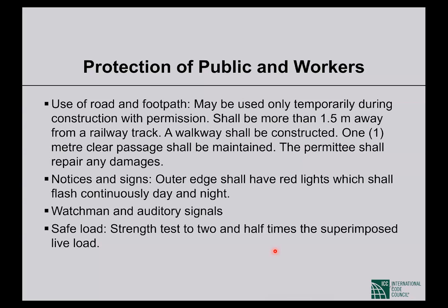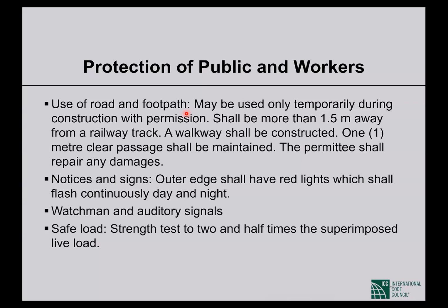Protection of public and workers. Let's see how detailed it is. Use of road and footpath. Many of us have a misconception that for construction, we are not permitted to use road or footpaths. We can, but we must first obtain permission from the relevant authority.